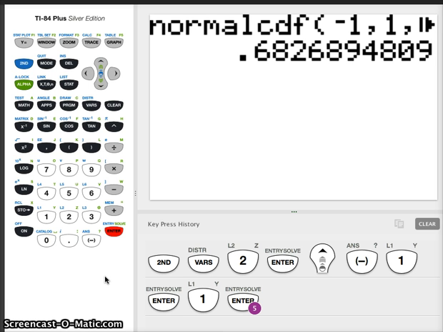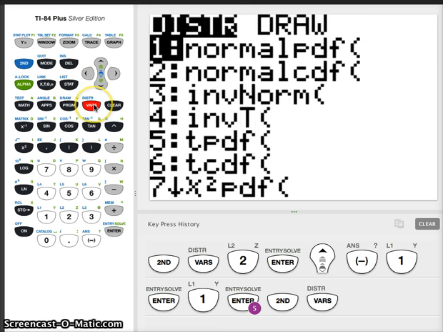Now, another question would be, if I'm at a z-score of 1, what percent of the data is less than me? That's a good question. And another question would be, what would a z-score be if the location of the value is at a z-score of 1.5? That's a good question too. Another one would be, hey, 75% of the data is at what z-score? That's a good question as well. So let's do that one.